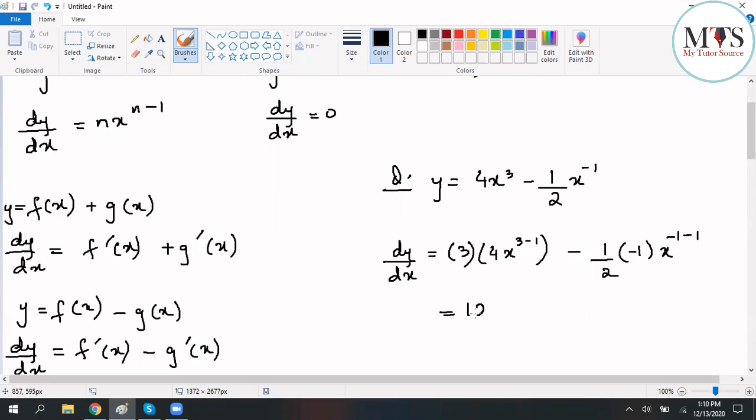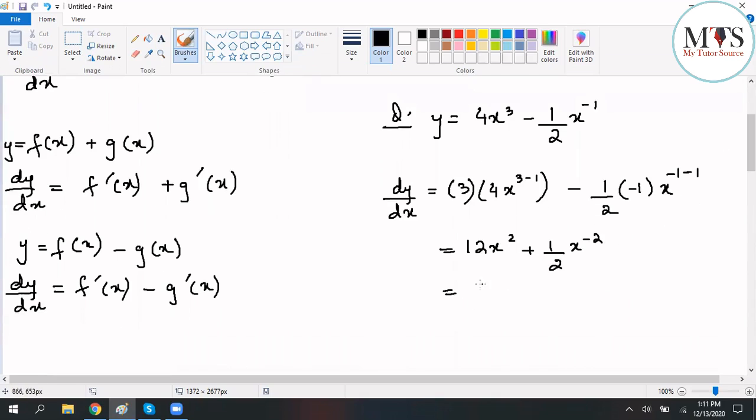So this becomes 12x squared plus 1 by 2 x to the power of negative 2. You could rewrite this as 12x squared plus 1 over 2x squared, and that's it. That's your answer for the first differential.